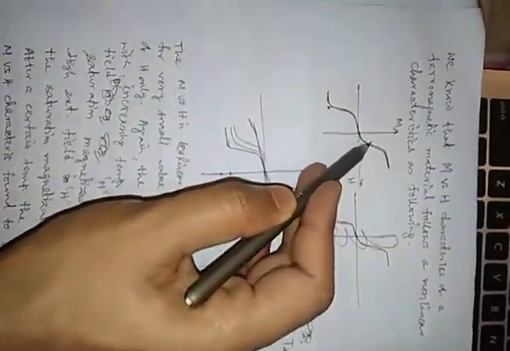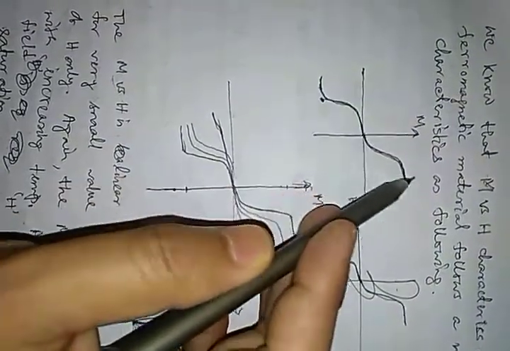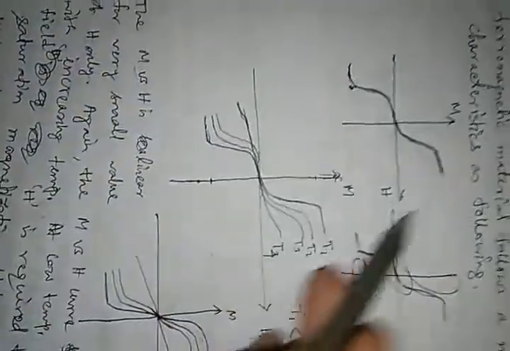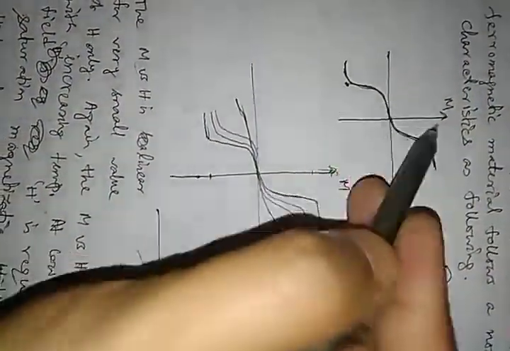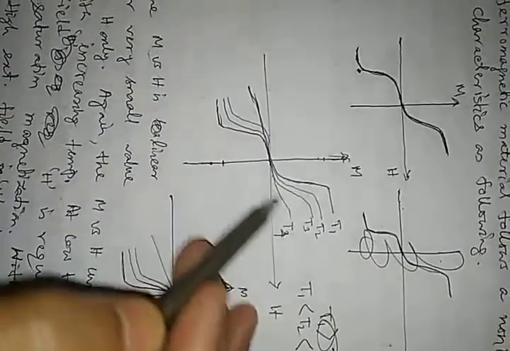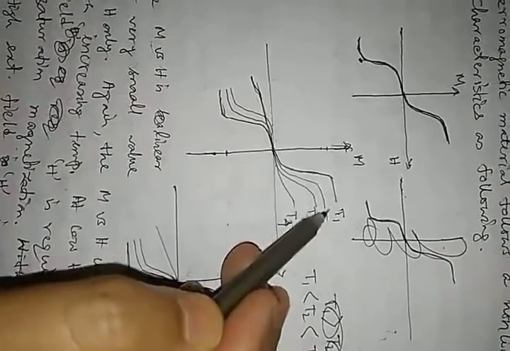For a ferromagnetic material, that will be the magnetization versus H curve at a certain temperature. This is for a normal temperature, let's say room temperature, and if I make the M versus H plot for different temperatures, then what will it become?